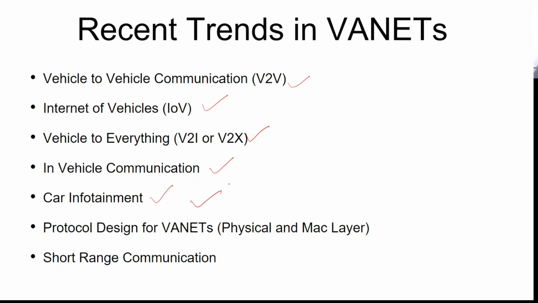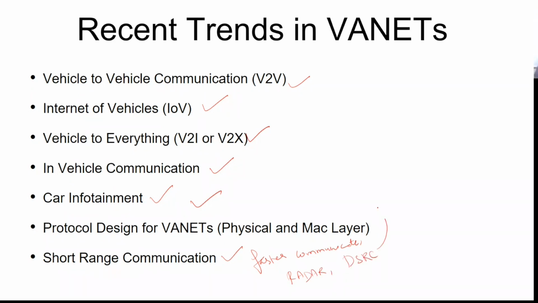Protocol design and short range communication. So sometimes if you want faster data communication, you can go for short range communication. Like radar. So we have something called radar, radio detection and ranging. Then we have something called DSRC.